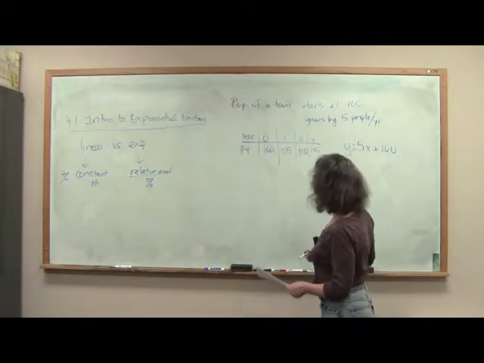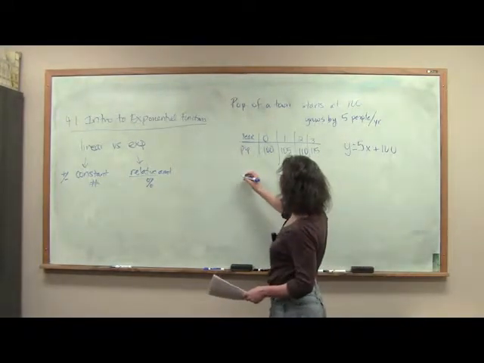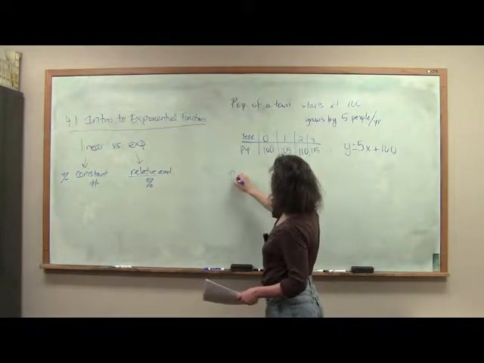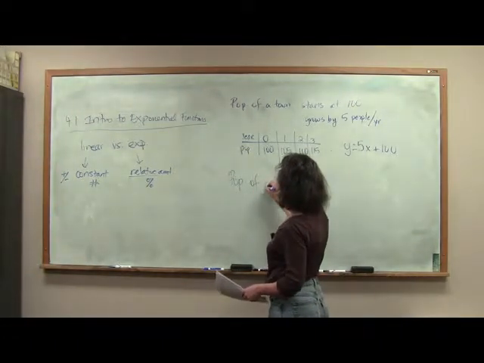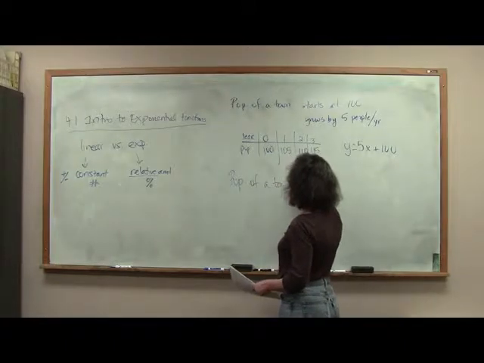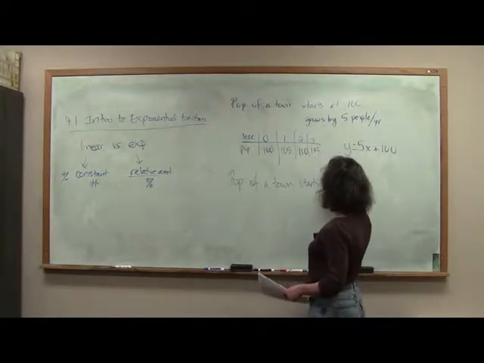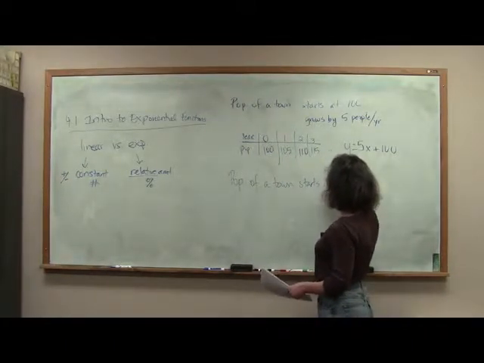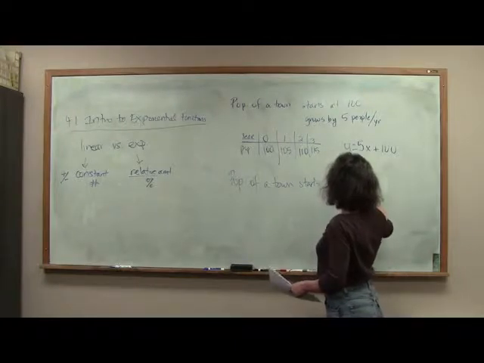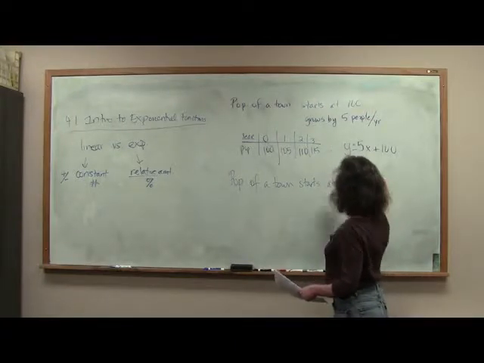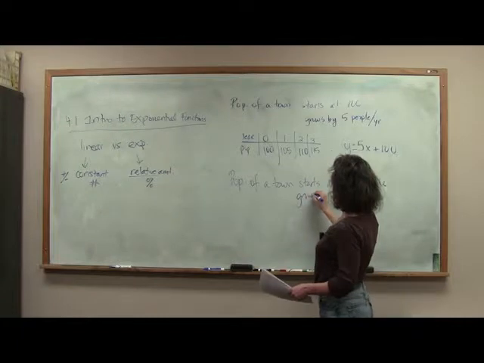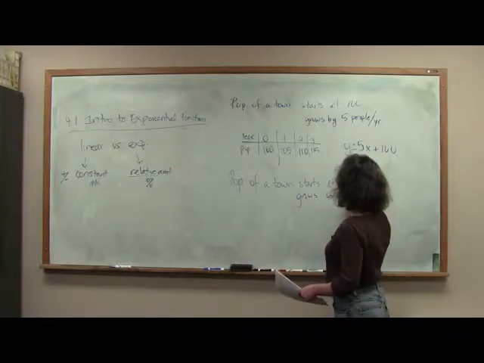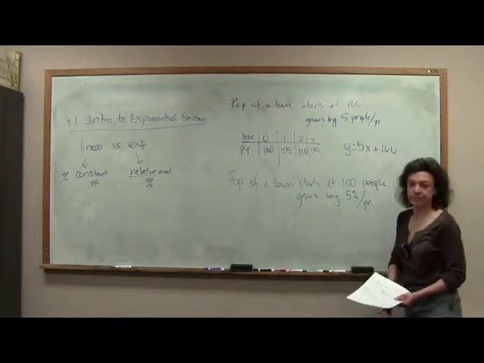Now, what I want to do is contrast that with this scenario. Now, let's say that the population of a town, we can still say it starts at 100 people. And now, though, let's say it grows by 5% per year.